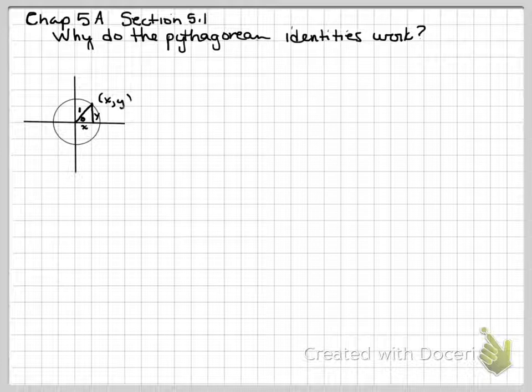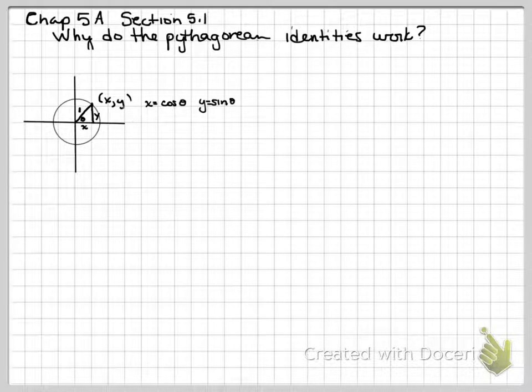Now, because they're called Pythagorean identities, they're coming from the Pythagorean theorem. And so I've drawn a picture already of a unit circle where we've looked at one point on the unit circle, which is an x, y point. Now, if you remember, your x relates to your cosine of theta, and your y relates to sine of theta.